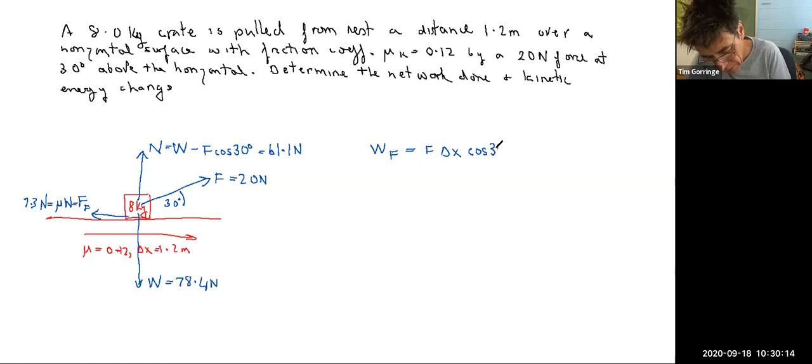So that's 30 degrees. And so I can just fill in the 20 newtons force, the 1.2 meters displacement, the cosine of 30 degrees. And that comes out to be plus 20.8 joules.